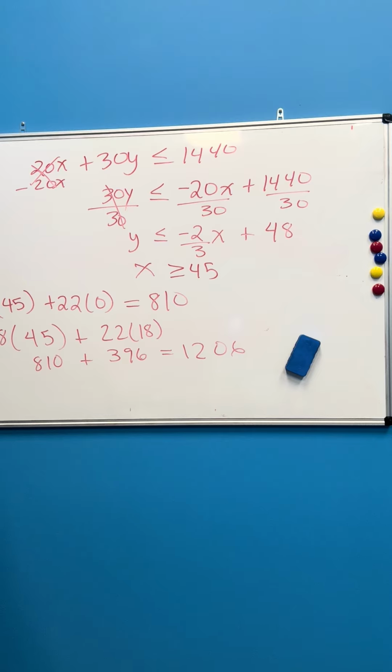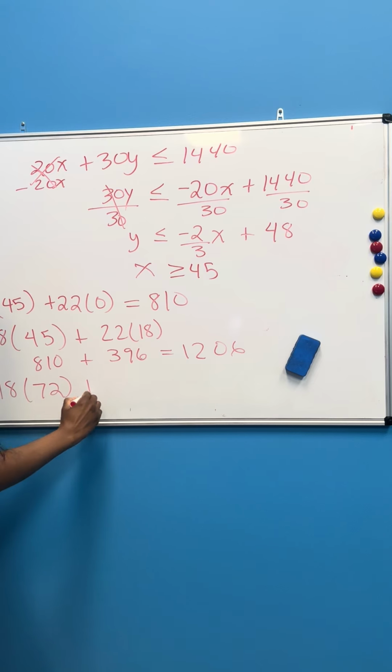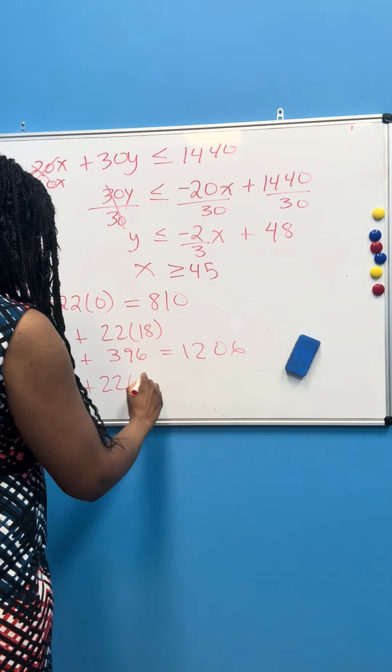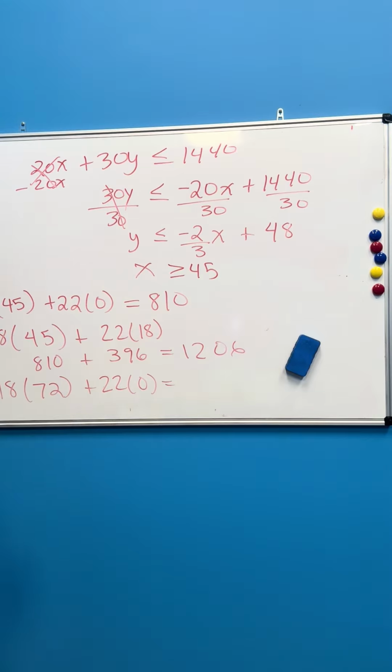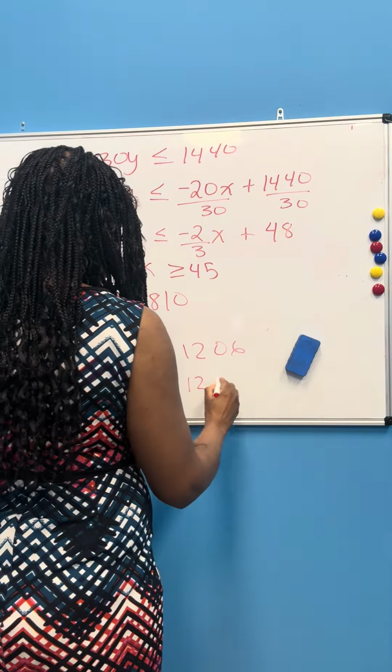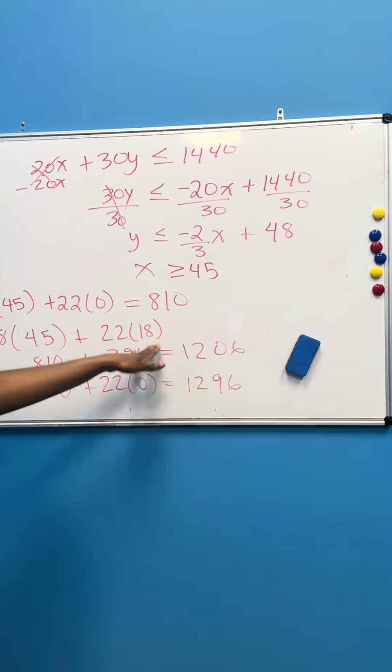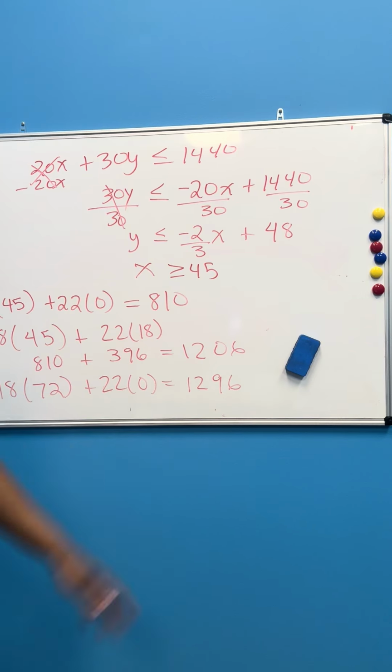And my other possibility is to make 72 t-shirts and no hoodies. 18 times 72 is 1,296.